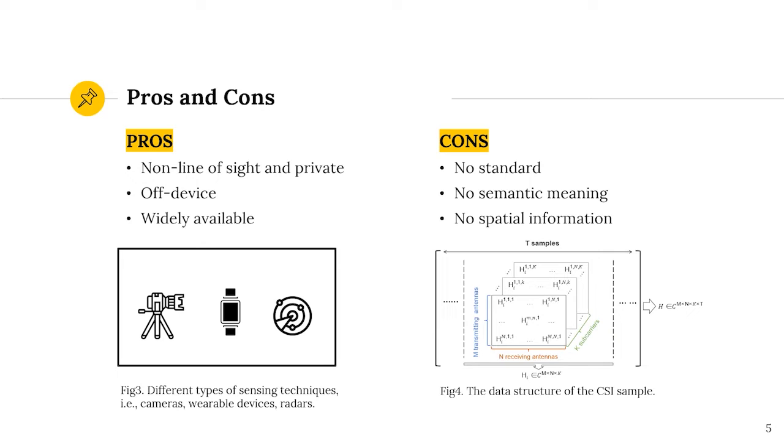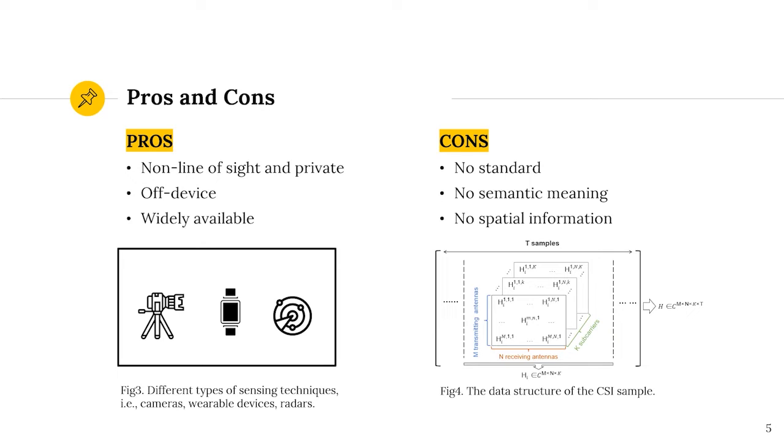In recent years, Wi-Fi-based sensing methods have received immense attention. This technique has the following advantages. First, it enables non-line-of-sight sensing. For instance, it can perform through-wall human pulse estimation. It is non-intrusive, off-device, and widely available.